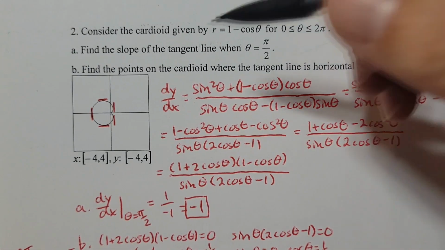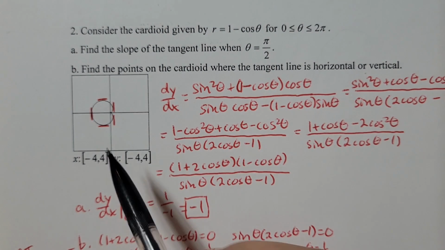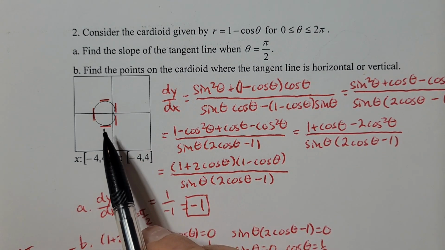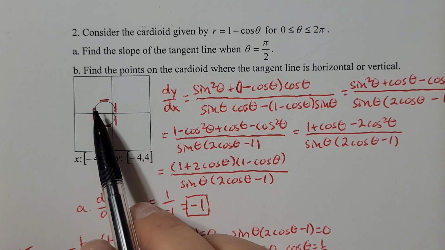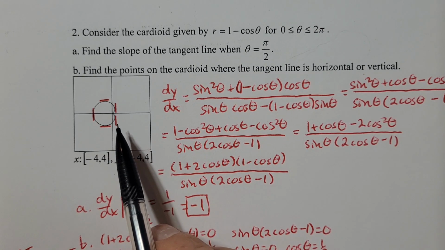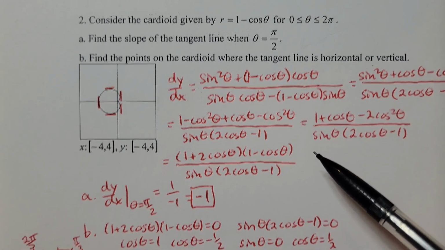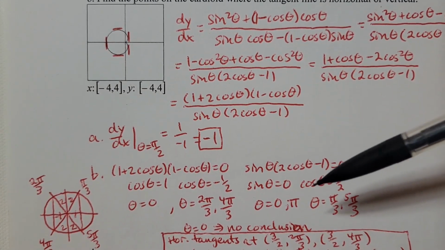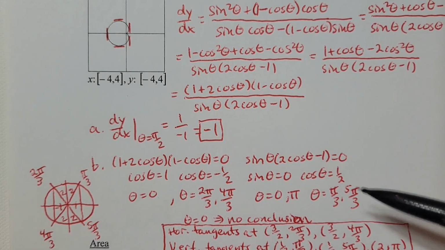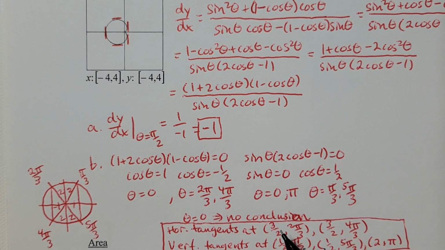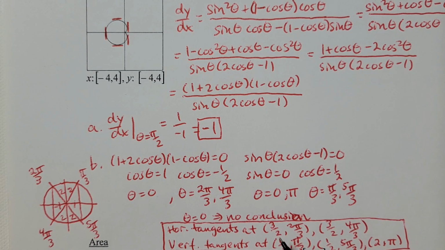And it looks like from this picture, if I draw a couple of horizontal tangents, there should be 2 horizontal tangents, and it looks like I got 3 vertical tangents, just from this picture. Okay? And I can now know the points where those happen. So you're going to have horizontal tangents when theta is 2 pi over 3 and 4 pi over 3.